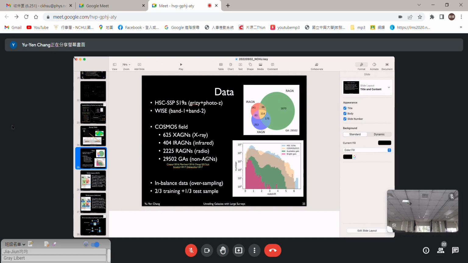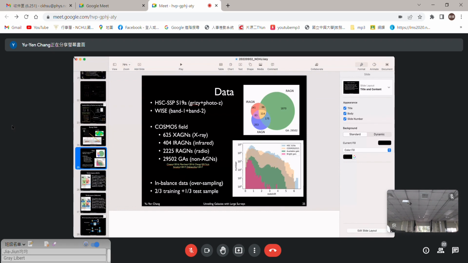Thank you very much. My point is, for example, if I look at the X-ray AGN circle, there are actually sources which are not classified as AGN by the X-ray definition, but in terms of radio, they are AGNs.